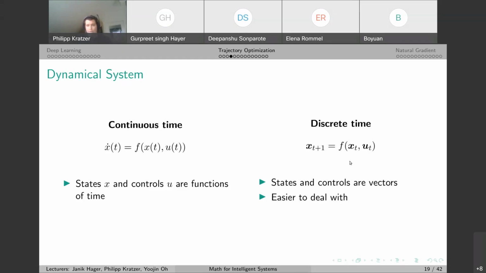And usually discrete time is a bit easier to deal with. And often what is done is that we use continuous time and discretize it by just evaluating it at a small time step delta t to come to discrete time.